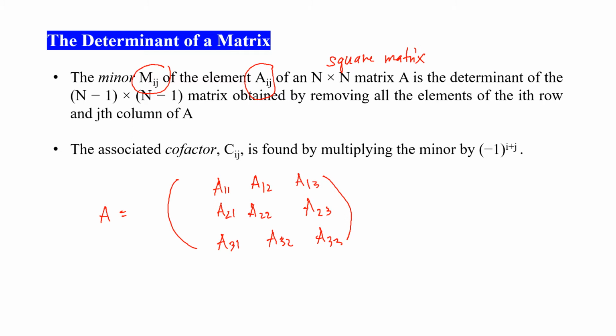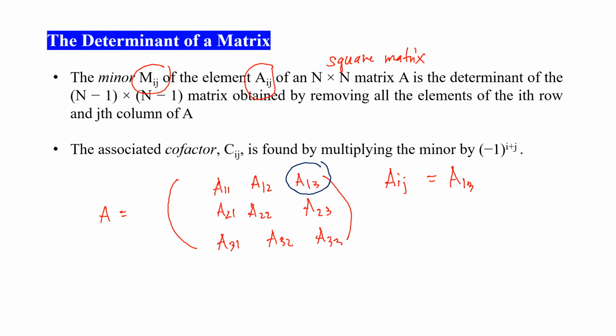Now let's say, for example, I'd like to get this one, your A13. So let's suppose that your element Aij is your element 1, 3.